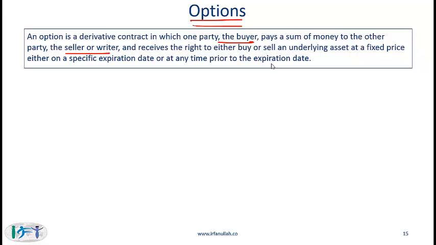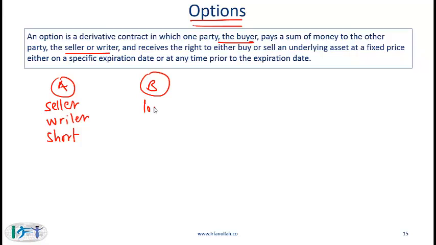There is a lot of information over here, and I will explain this through an example. Let's say we have two parties, A and B. A is the seller, also called the writer, also called the short party. B is the buyer or the holder, and also called the long party.